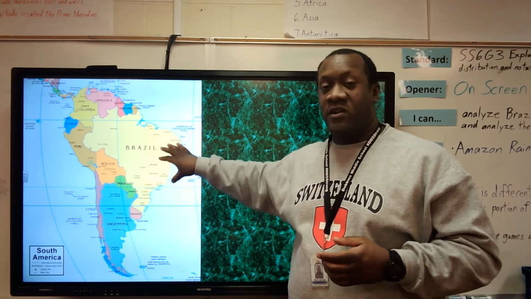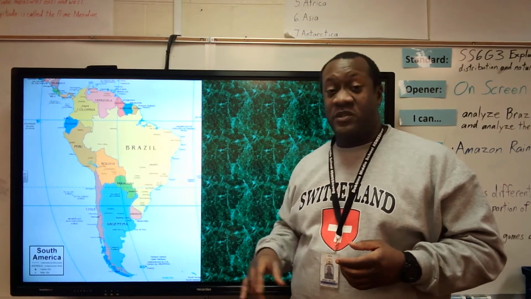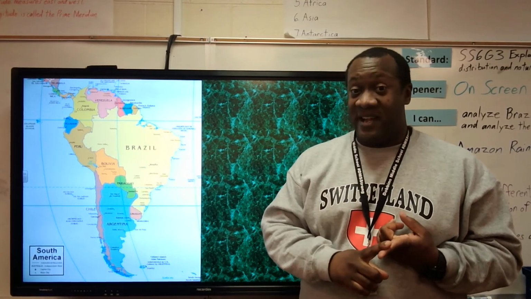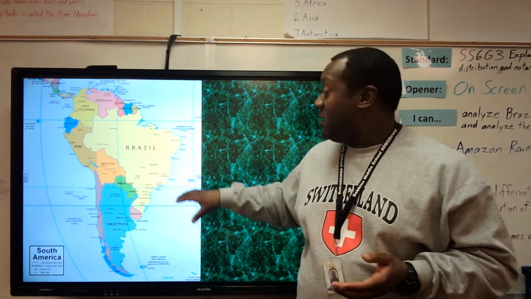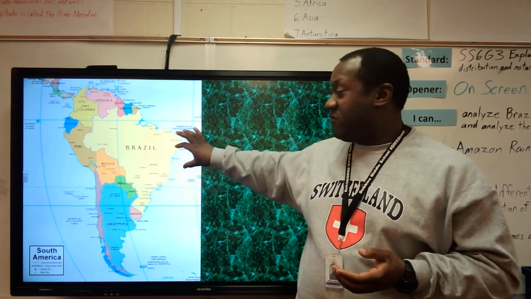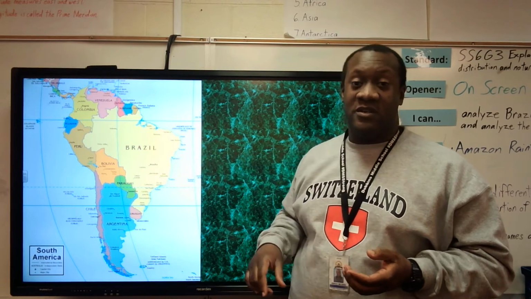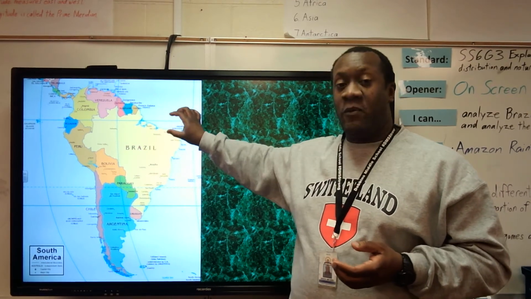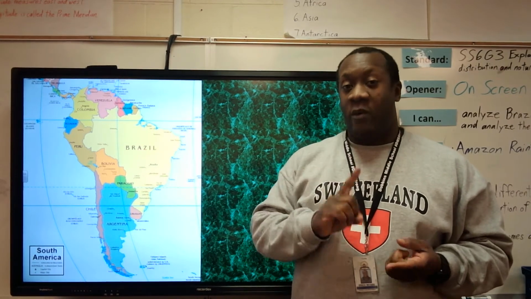So you have fresh water that's going to flow in this area. Over here, down in southern Brazil especially, you've got grasslands that are great for farming. Cattle raising is huge in Brazil. So you got cattle raising down here in the south. You've got rivers that are going to flow and eventually give people fresh water. And you have access to the ocean. So most people, 80% of Brazil's population lives along the coast. And we know why now.